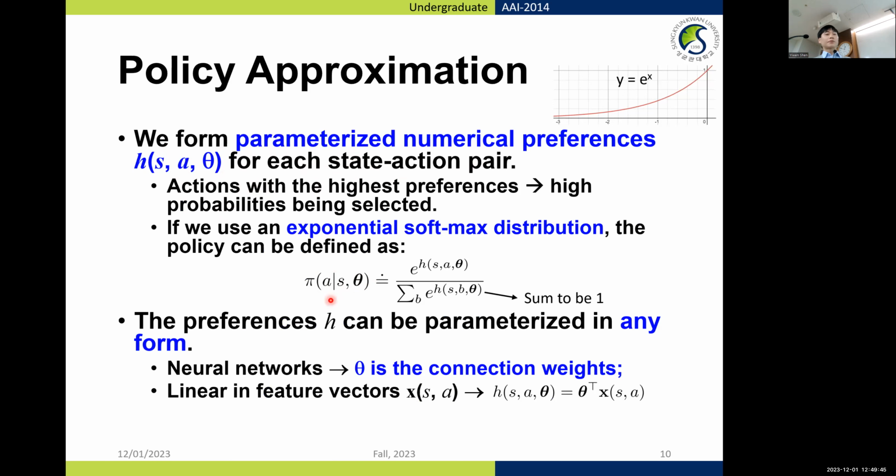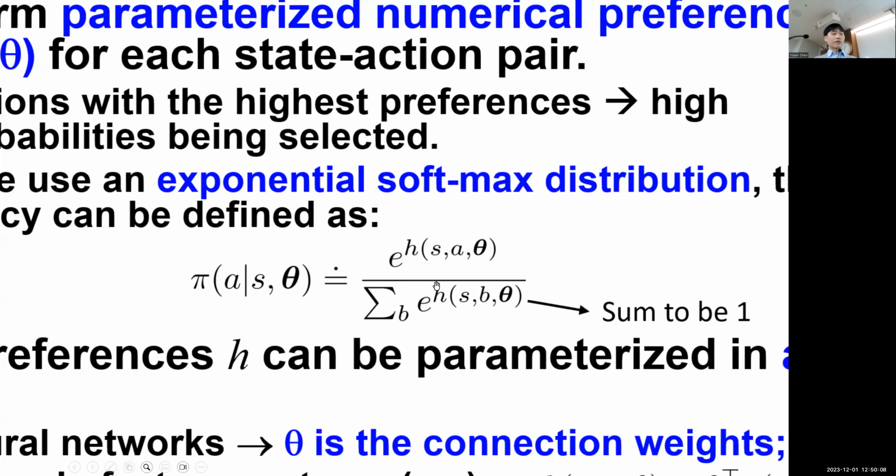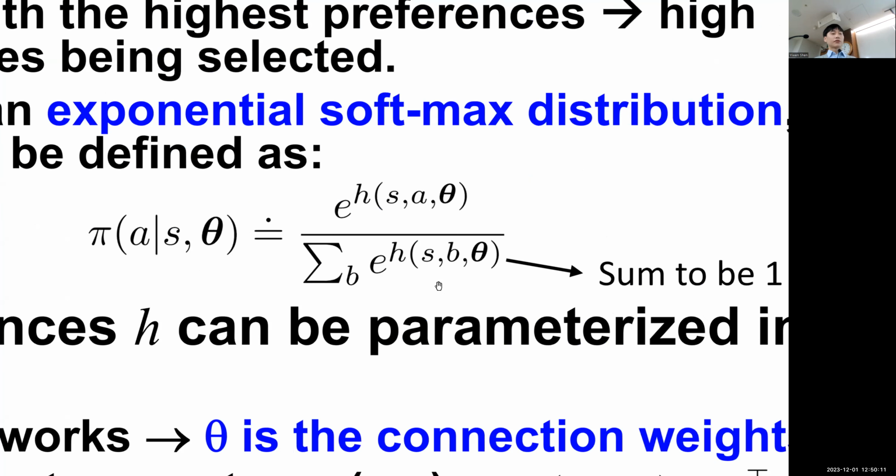We use the exponential softmax distribution to define the policy pi based on these preferences. When we define these preferences, the actions with the highest preferences will have a high probability of being selected. Specifically, we define pi as the softmax distribution. If you have learned deep learning or other machine learning, you are probably familiar with this softmax distribution.